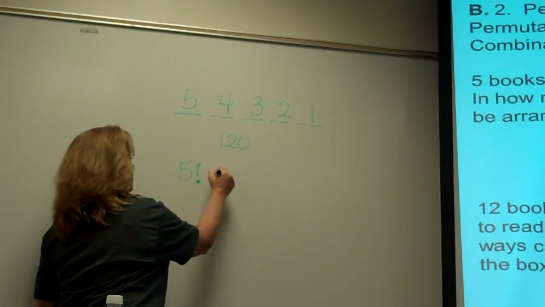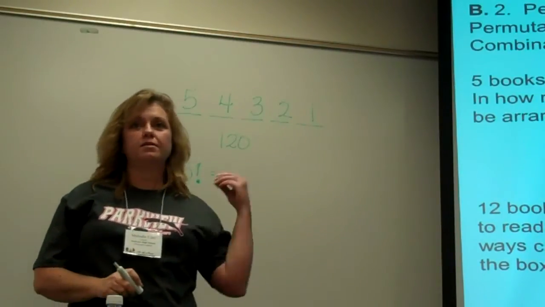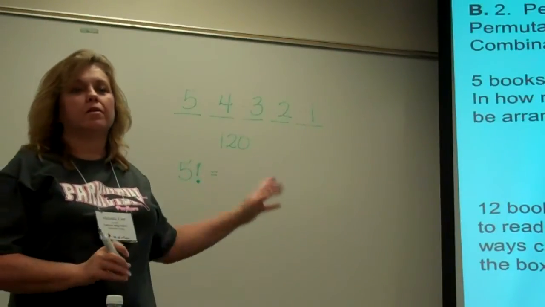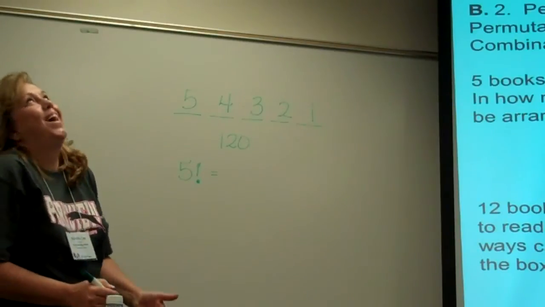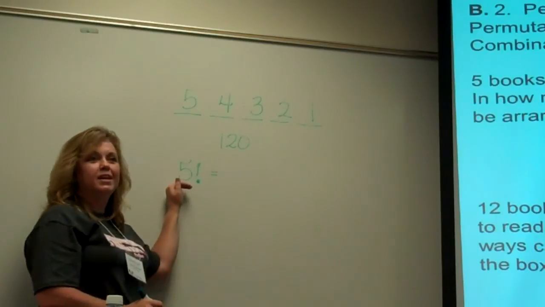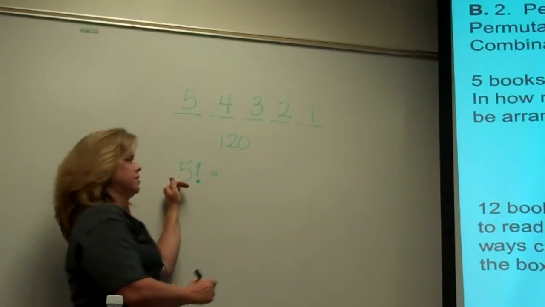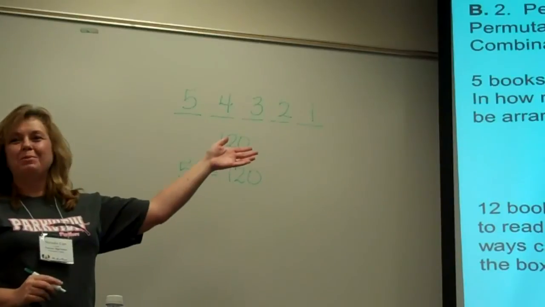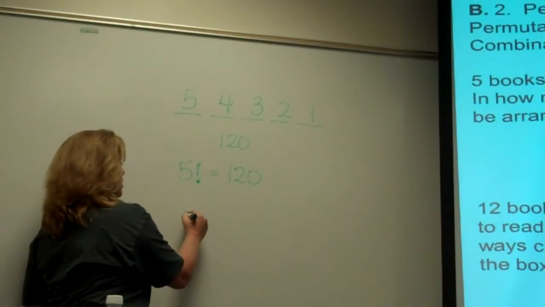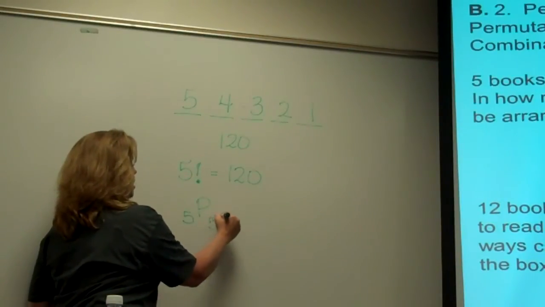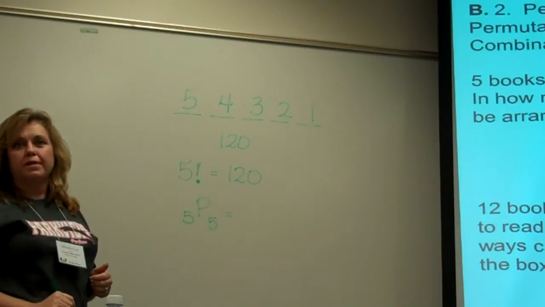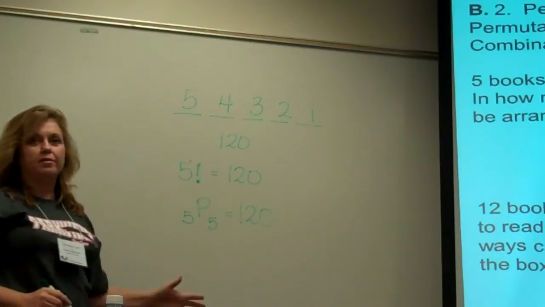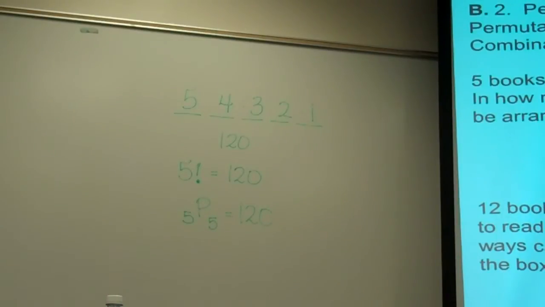I tell my kids that's 5 factorial, not 5! This literally means 5 times 4 times 3 times 2 times 1, right? It's 120. Now, if we write it as a permutation, on your TI calculators, you type it in like that. So we get 120, any of those ways.